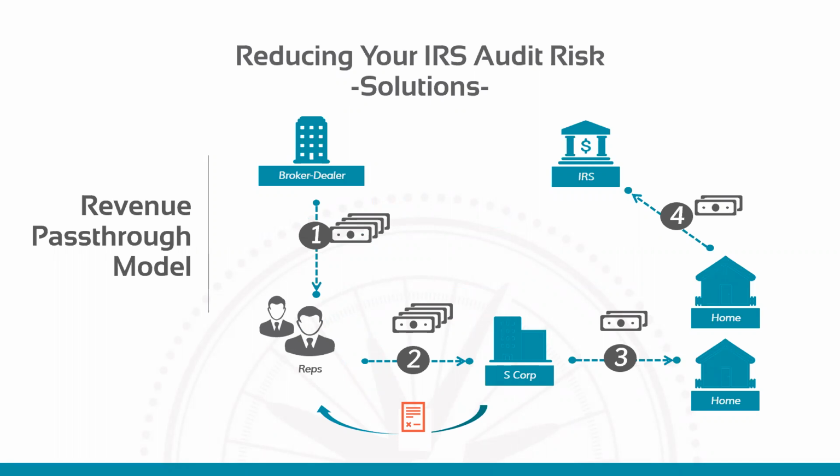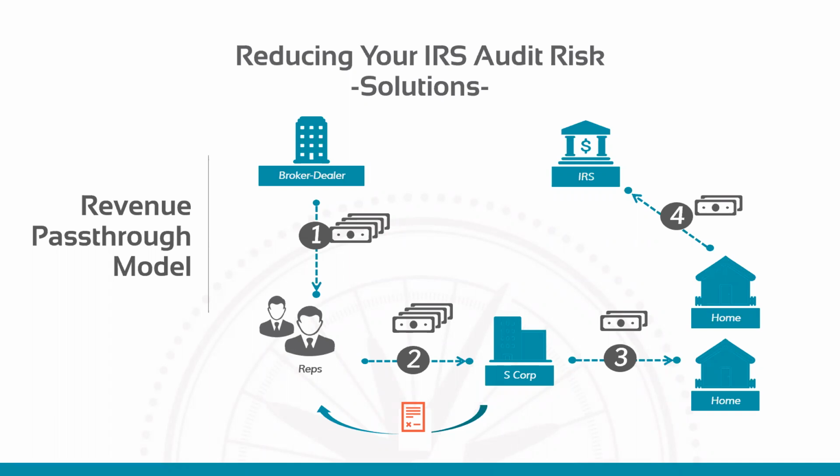It looks fairly complicated, but basically the broker-dealer would pay the licensed owner directly, and then that licensed owner would be obligated to assign or nominate that income to the entity. Then the entity would distribute that back out to the owners, and the owners would make those tax payments.